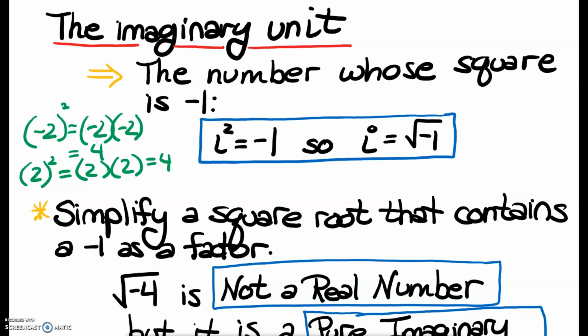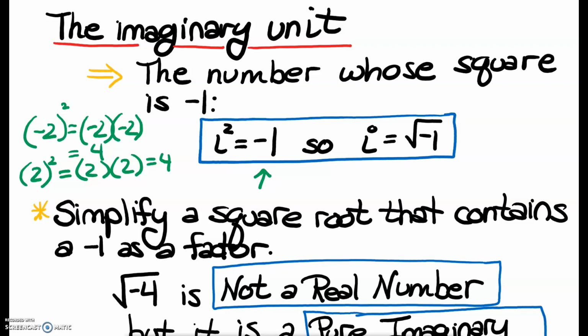So regardless of whether we square a negative number or a positive number, we always get a positive answer. Therefore, if we're squaring a number and we get a negative number, a -1, that cannot be a number in our real number system. I is part of our complex number system and is a pure imaginary number, okay?